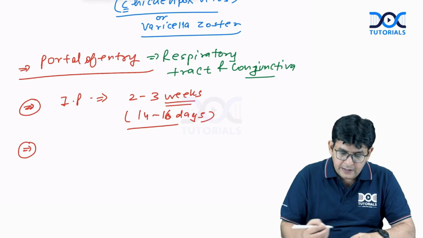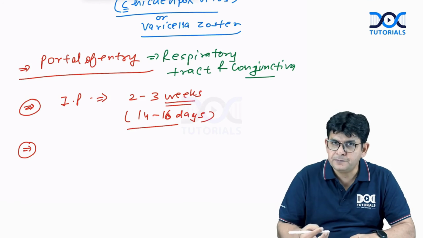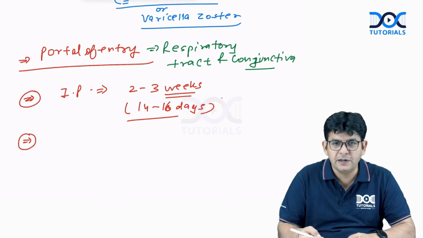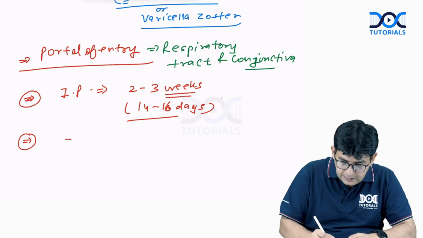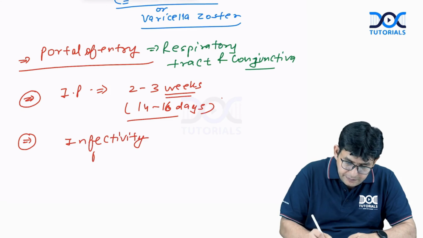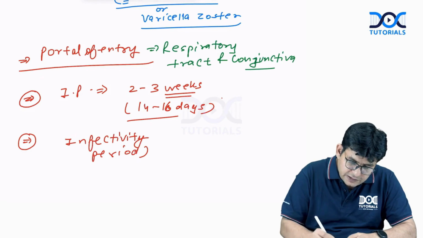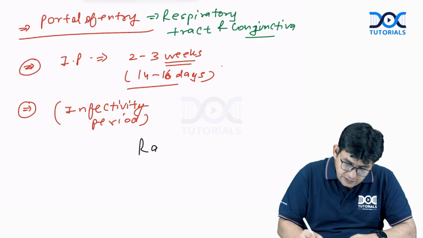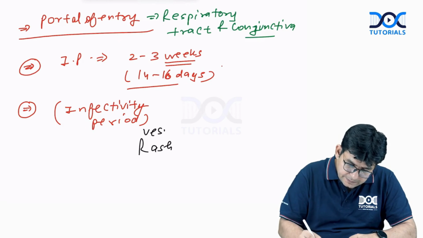Now, after this incubation period, there is also an infectivity period, which revolves around the eruption of rashes. Which sort of rash is most commonly seen?